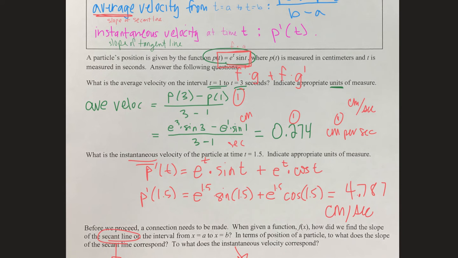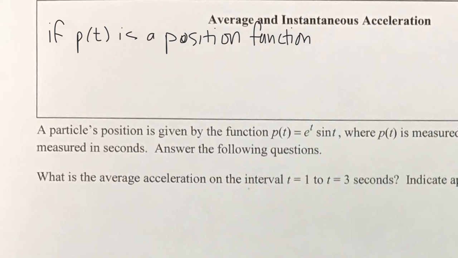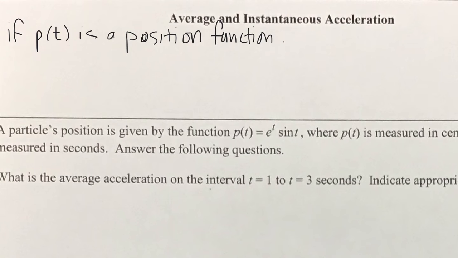So there's a little something about velocity. Let's pause for a second, and I will bring up something and we'll talk about acceleration. For acceleration, we still have to have a position function, but then we know that the velocity function is the derivative of the position.